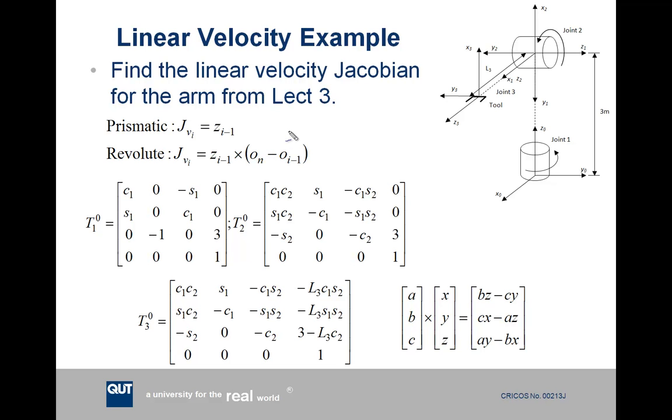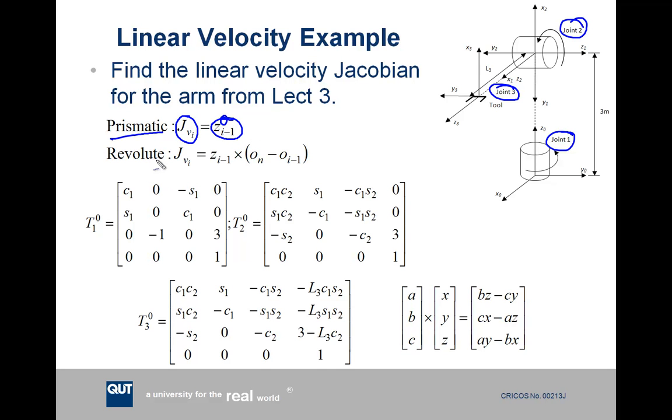So here we've got a 3-link, 3-joint robot arm example again. Joint 1 and joint 2 are Revolute, joint 3 is Prismatic. And what we're going to do is work out the linear velocity Jacobian for this arm. So the part of the Jacobian that's contributed by prismatic joints is simply the z-axis of that joint I as defined in reference frame 0.